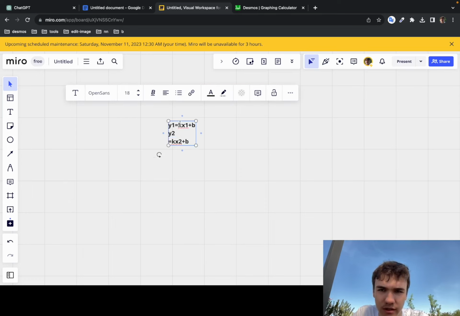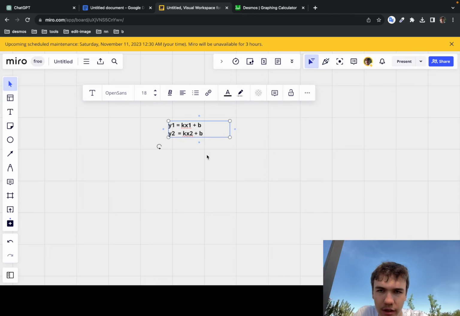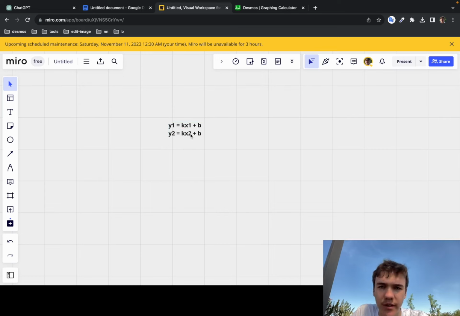Let's separate it a bit to make it simple. Okay, works fine. This is basically two equations, or in other words, two functions.